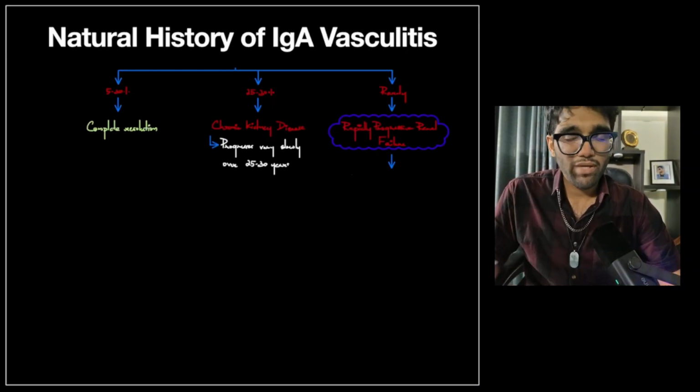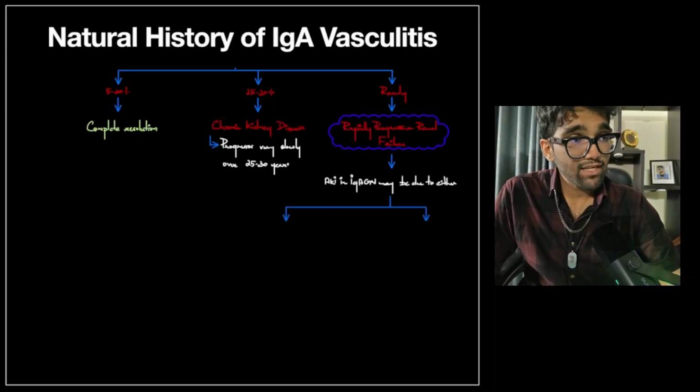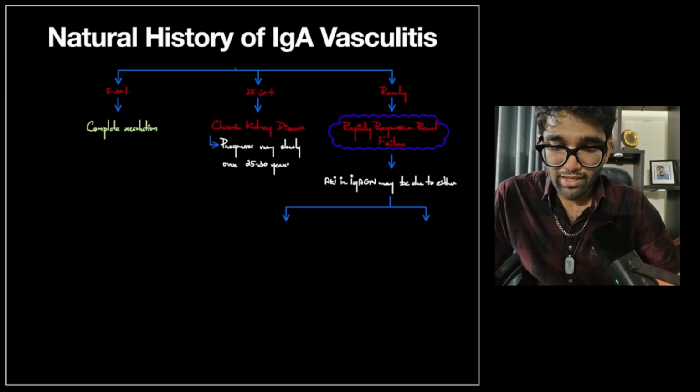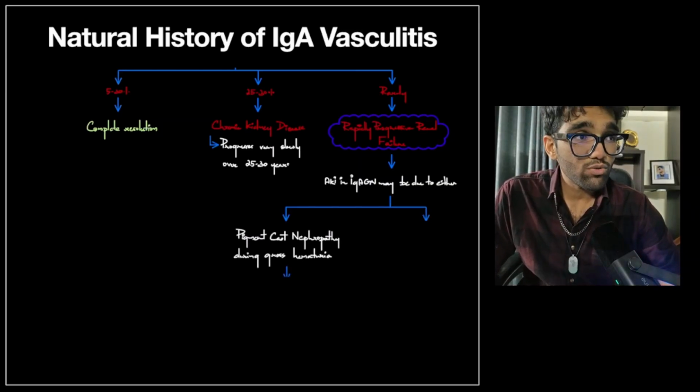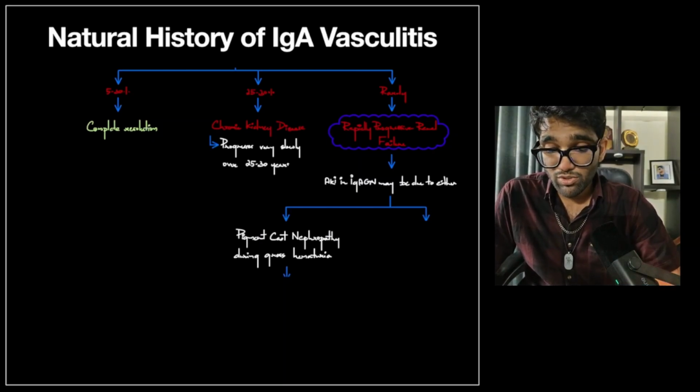Again, this is a topic in itself. We'll discuss that in detail later. So AKI, or AKI plus AKD, in a patient with IgA nephropathy can be one of two things. It could be due to gross hematuria causing hemoglobin pigment cast formation within the tubules and causing blockage.